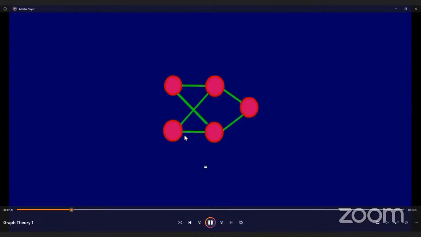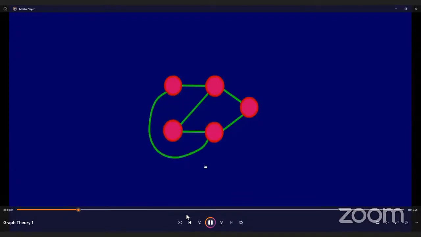And the connections between the components or between the gates are now modeled into edges. The green lines are called edges: one edge, two edges.